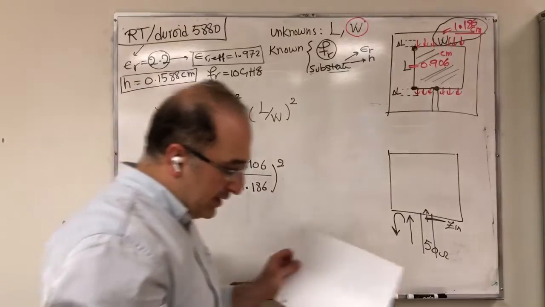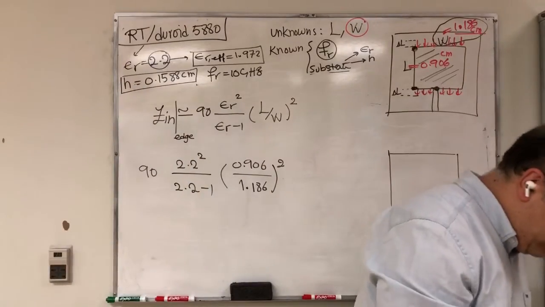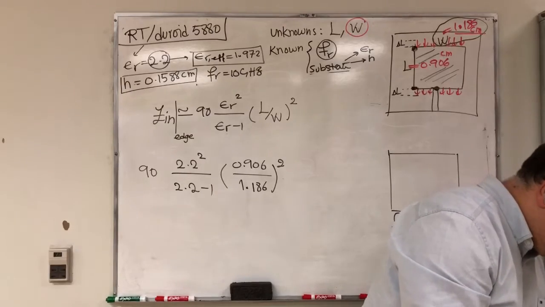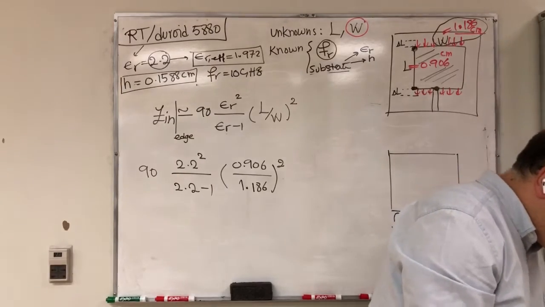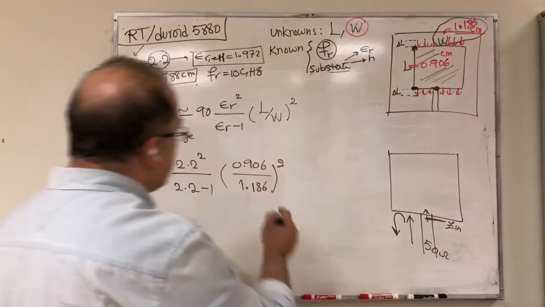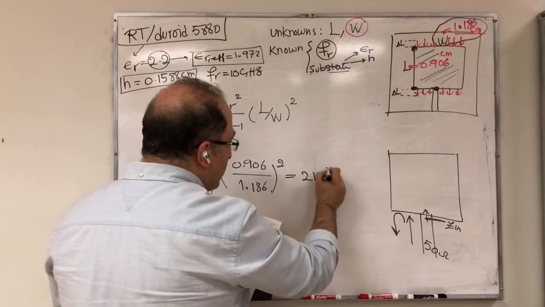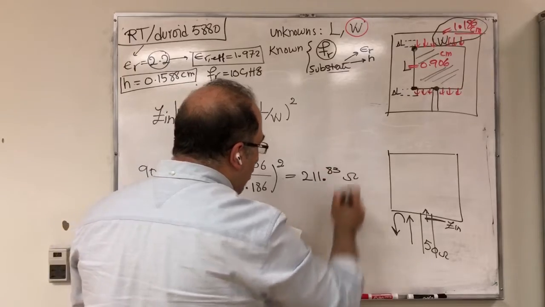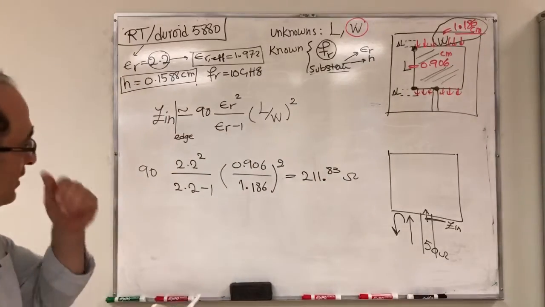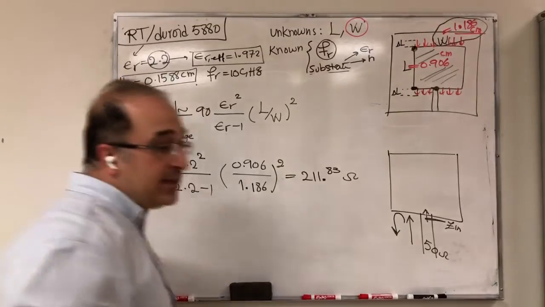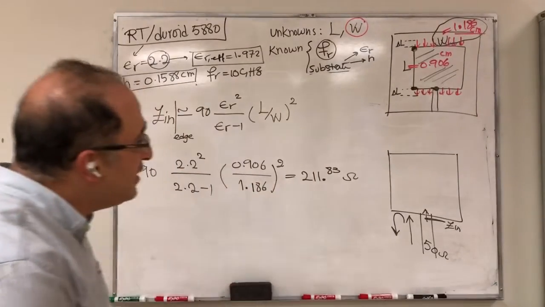Let me see if I have the value here, which I should have. The value is 211.83 ohm. So that's essentially the input impedance.